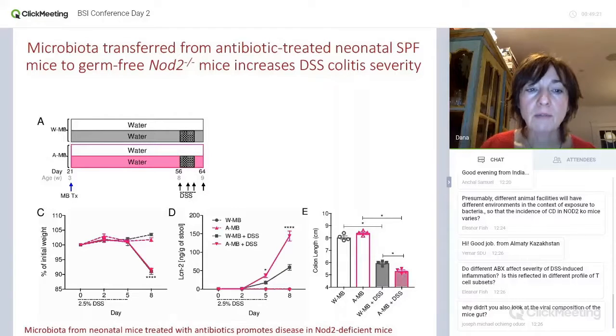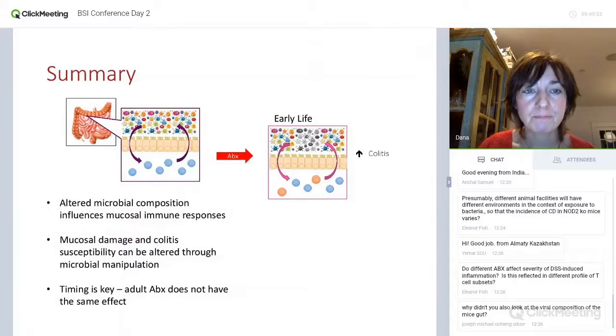So this microbiota from those neonatal mice that were treated with antibiotics promotes disease when you put it back into a germ-free, Nod2 deficient animal. So in summary, we showed that if you have an altered microbial composition, it seems to influence the immune environment within the intestine. And we think this is really critical for the susceptibility to disease.